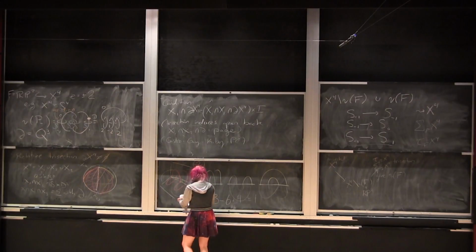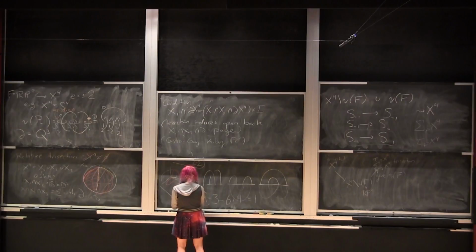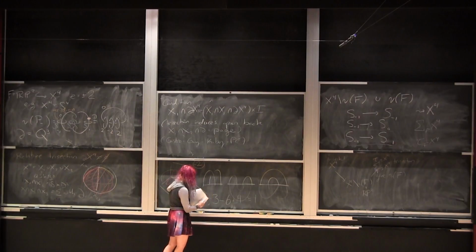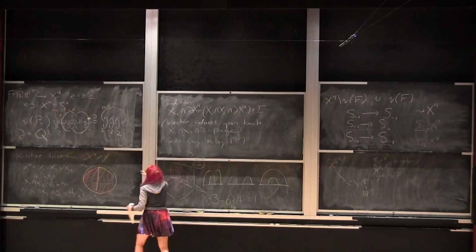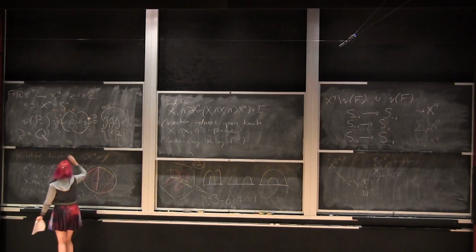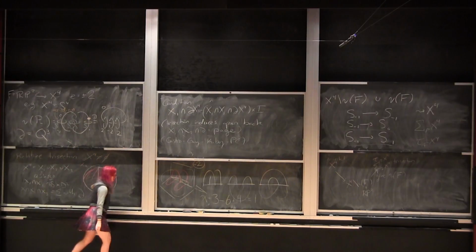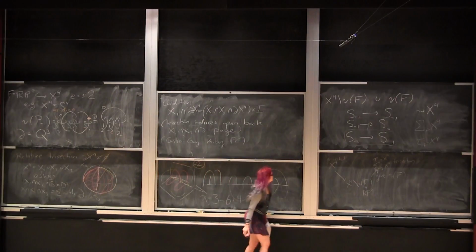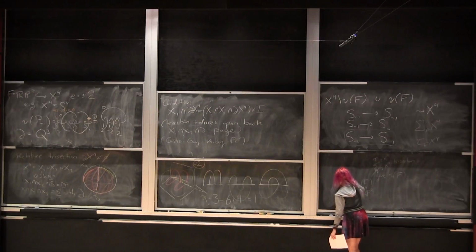So now I'm going to take a surgery description of this guy, my neighborhood, and turn it into a relative trisection. And I had to think about this for a really long time. So it's just going to be like some magic. But I'm just going to draw the picture, and then maybe we can look at it.